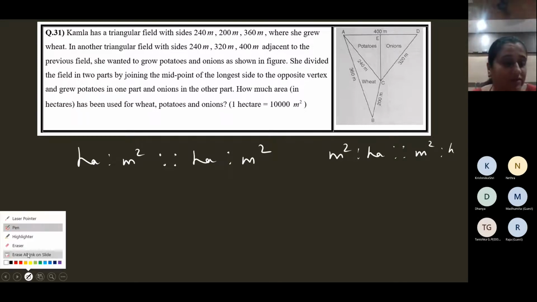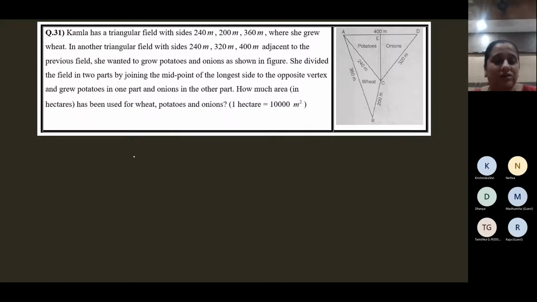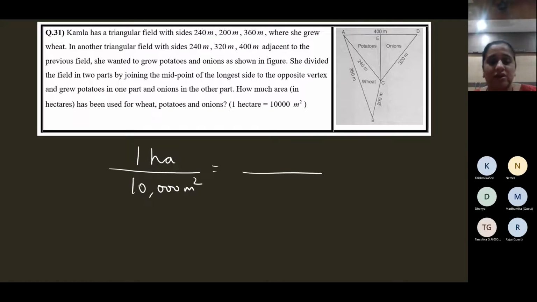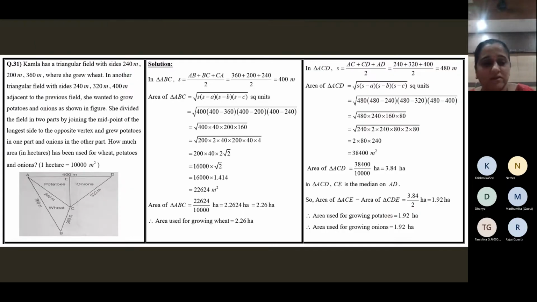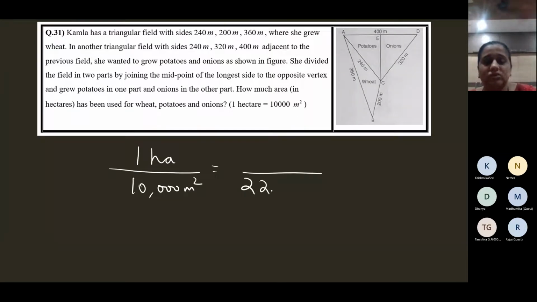Or even simpler, I can tell you like this. 1 hectare is equal to 10,000 meters square. Then 22,624 meters square is how many hectares? X hectare.